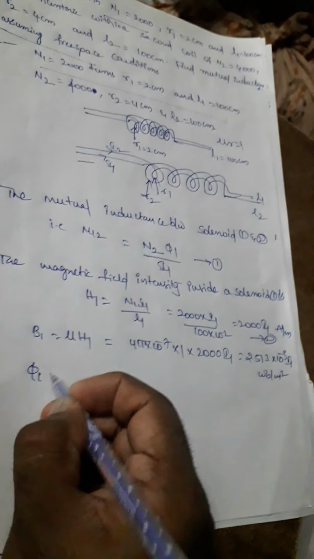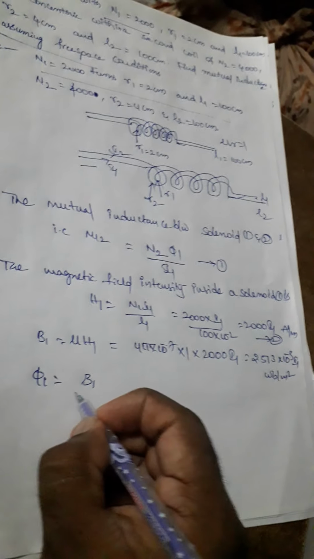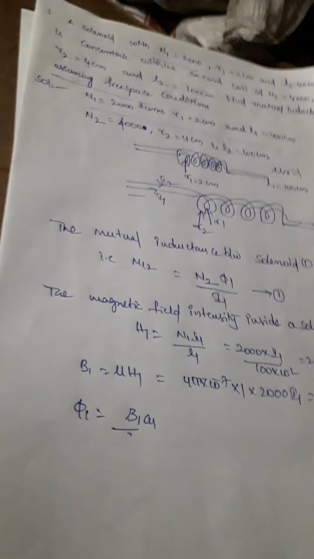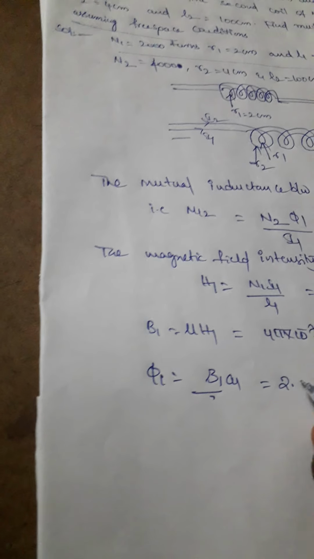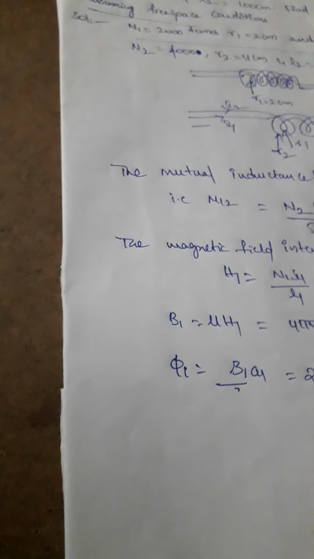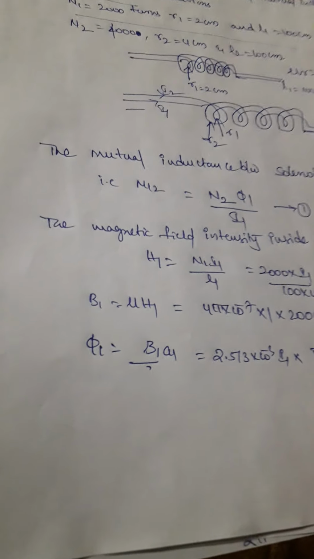You can check it. Then from this, B1 is equal to phi1 by A1, so phi1 is equal to B1 into A1. B1 is 2.513 into 10 power minus 3 I1, into A1, which means pi r1 square.